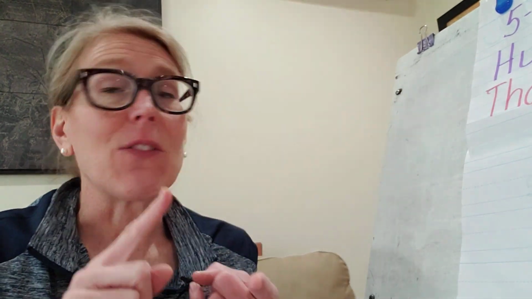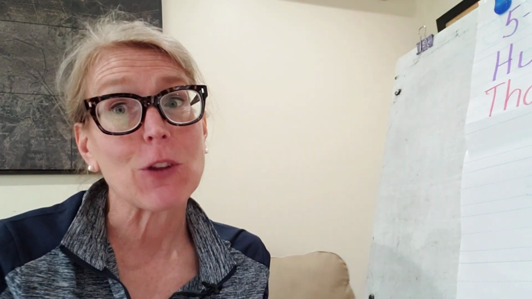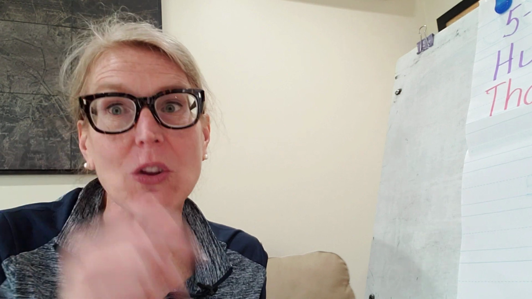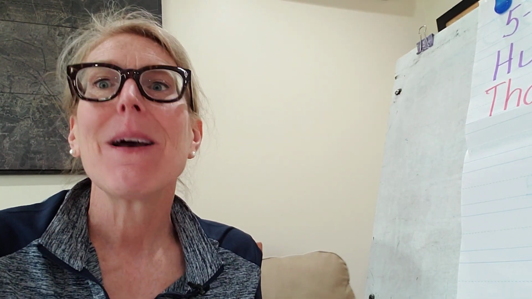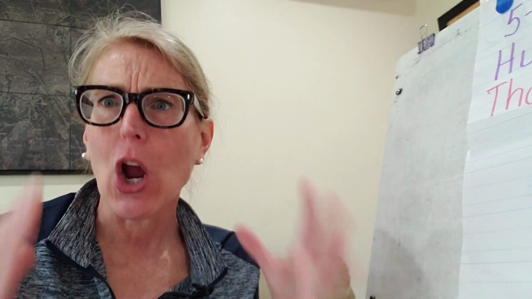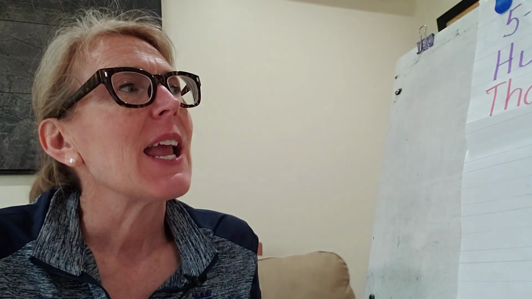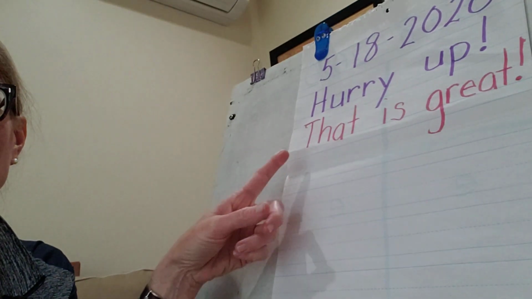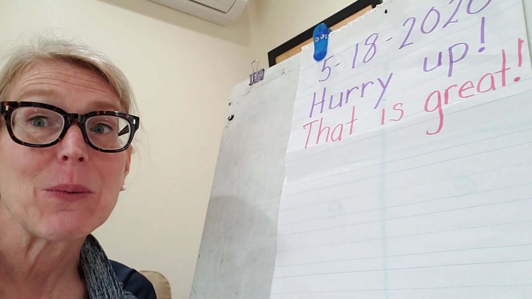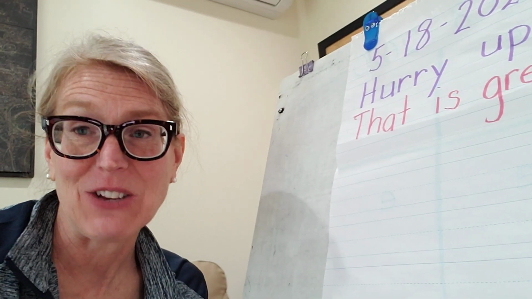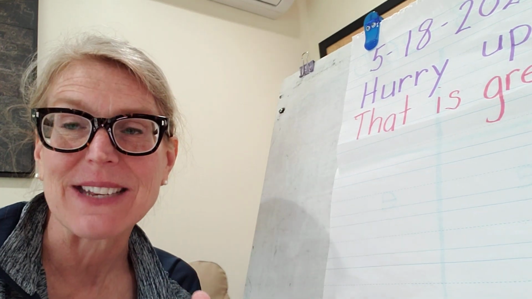Meaning, if you choose hurry up, I would like to see a picture that would show a time when you might be saying hurry up, or mom or dad might be saying hurry up. If you choose that is great, then I would like to see a picture that would match that exclamation sentence, that is great.